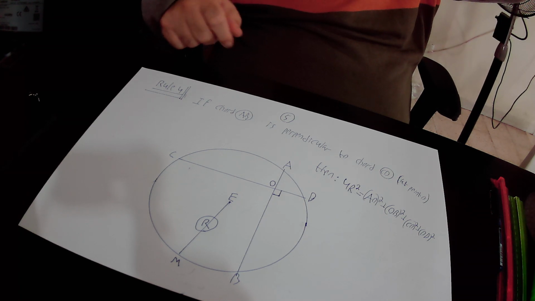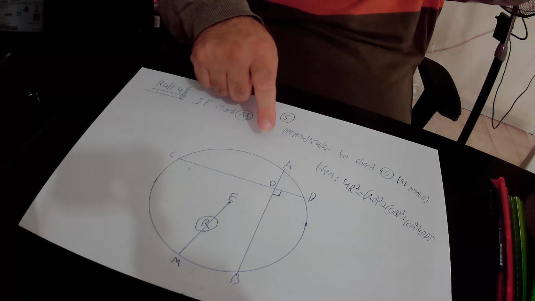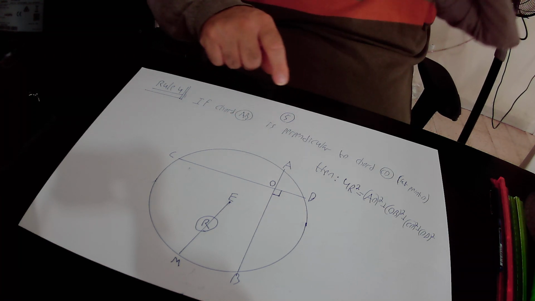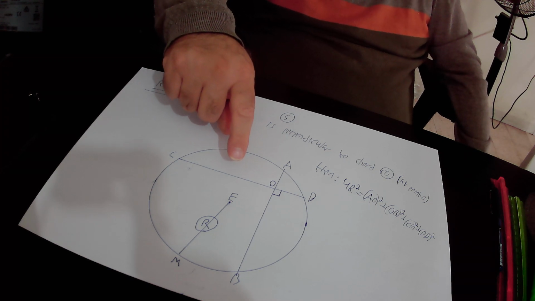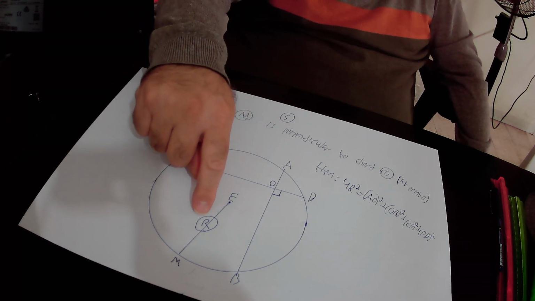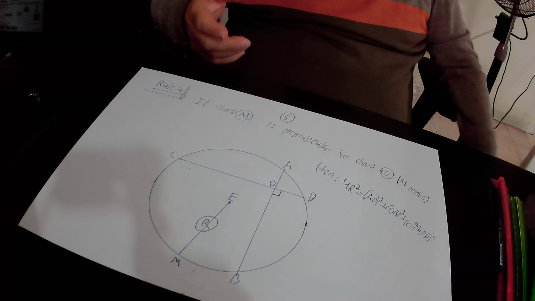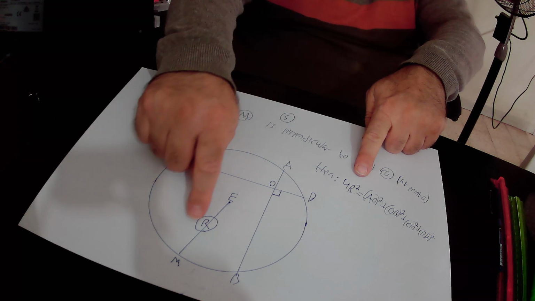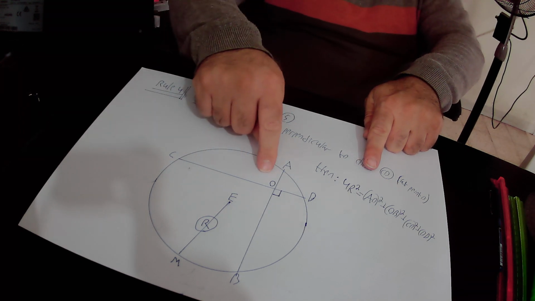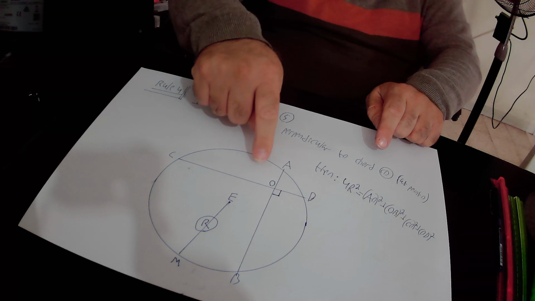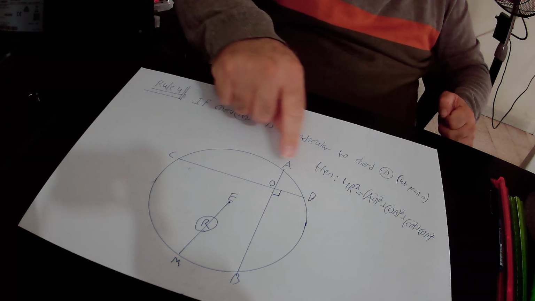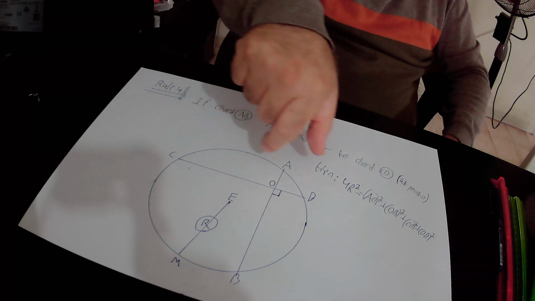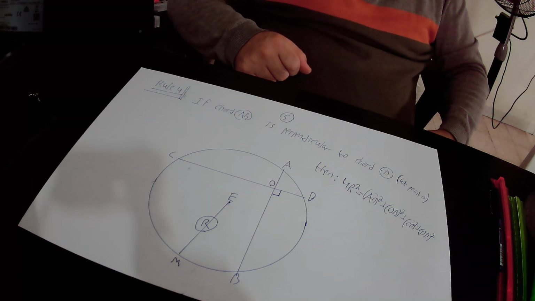So whenever you have two chords that are perpendicular to each other, like in this drawing, a certain formula will be true. If we define the radius of this circle EM as capital R, then 4R squared equals AO squared plus OB squared plus CO squared plus OD squared.